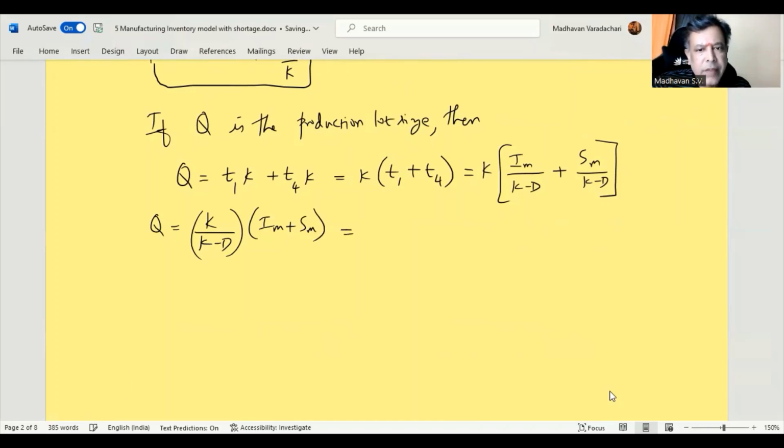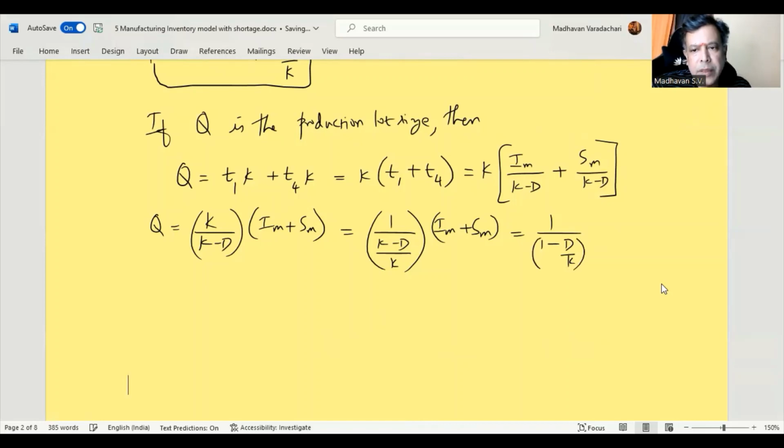Or we can bring that K down: we will have 1 divided by K minus D by K times Im plus Sm. If we divide individually K with this K, you will have 1 divided by 1 minus D by K times Im plus Sm.